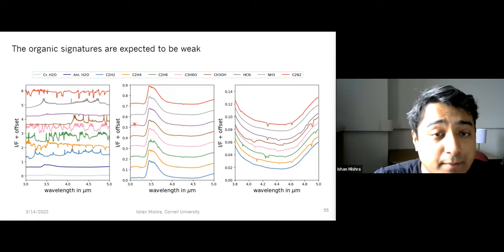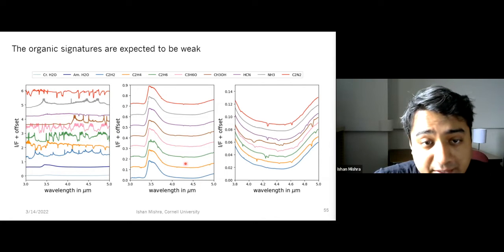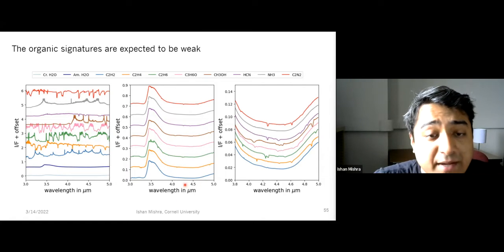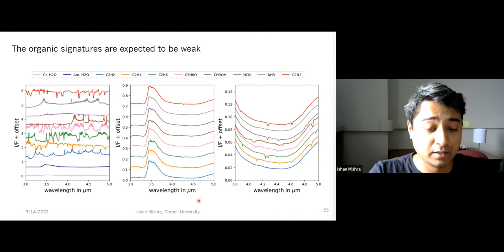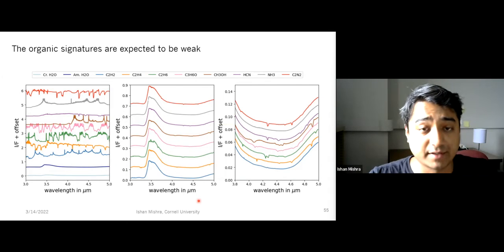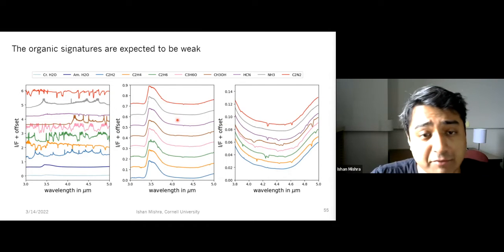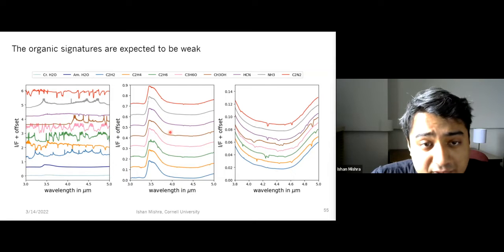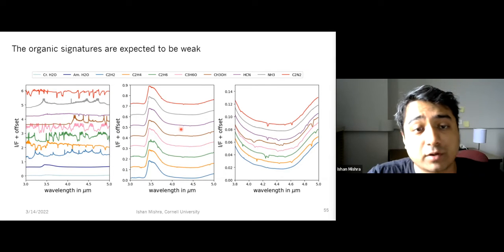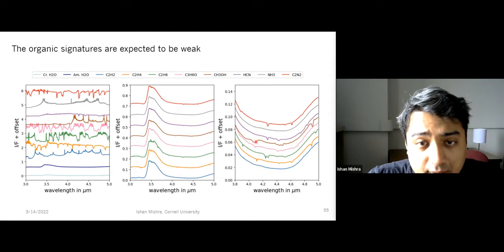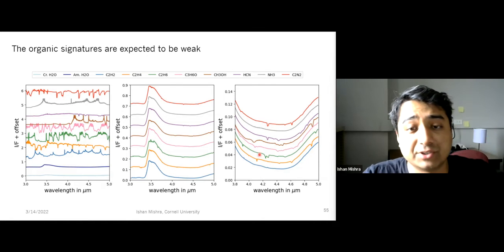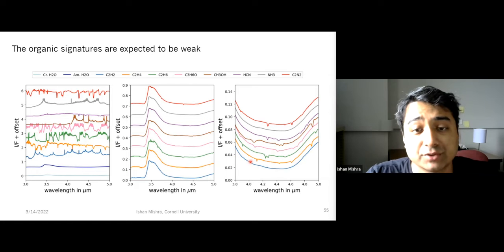So if you actually model spectra, as I've done in this middle panel, with water ice and a specific hydrocarbon or organic, I think this is like 5% abundance, their features are pretty much tiny dips on a water continuum. And if you zoom in, here's basically what you're seeing: the scale of the features is a few percent reflectance at most.